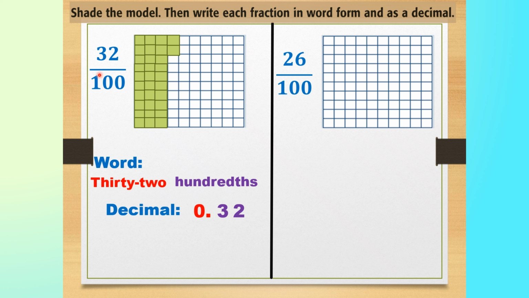In this example, we need to shade 26 out of 100. So we will shade 26 small squares. 10, 20, 21, 22, 23, 24, 25, 26.